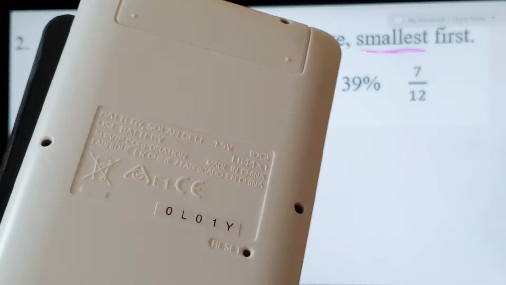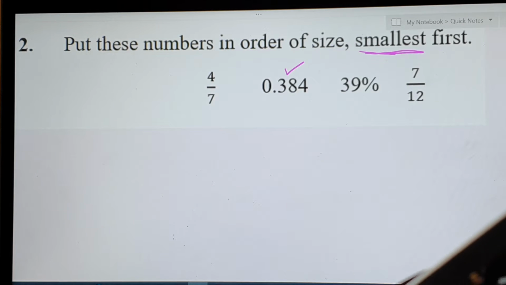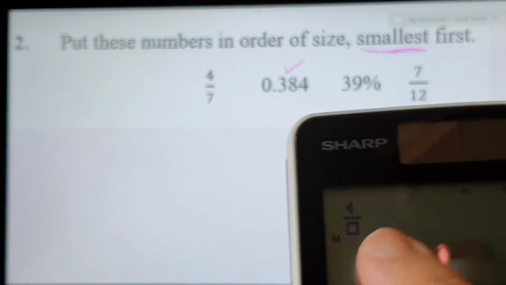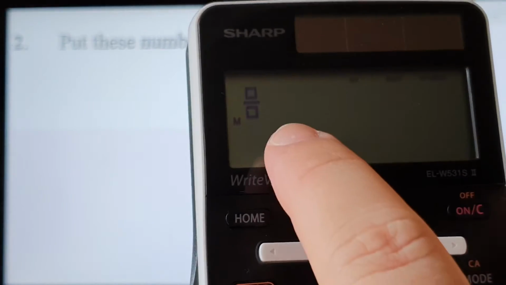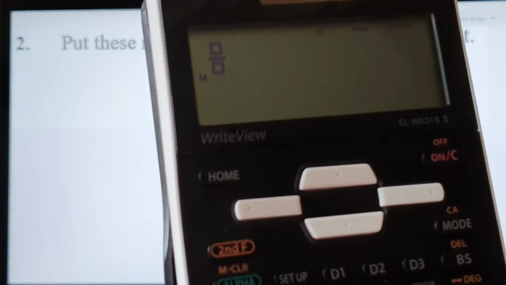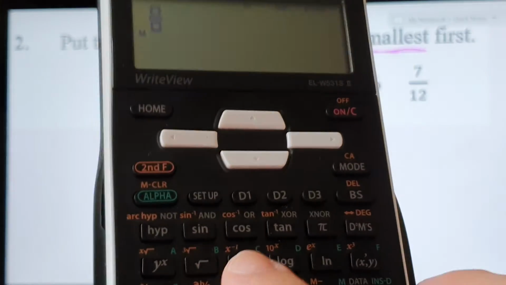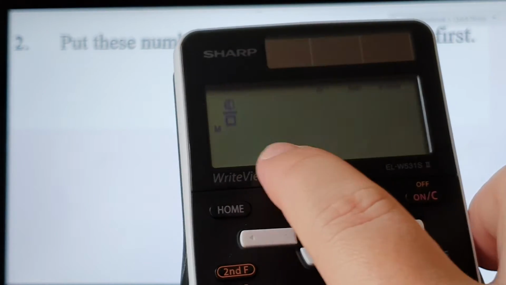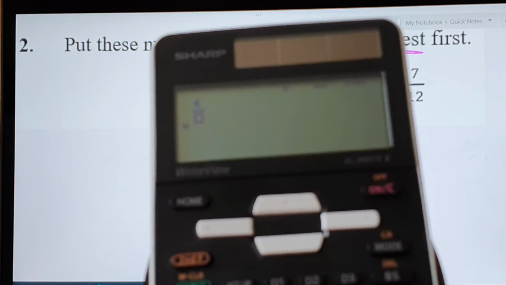Once you press it, you reset the whole thing and it should go back to this when you press A over B. Some of you get some other funny thing here. If you have that, do the reset that I just told you.